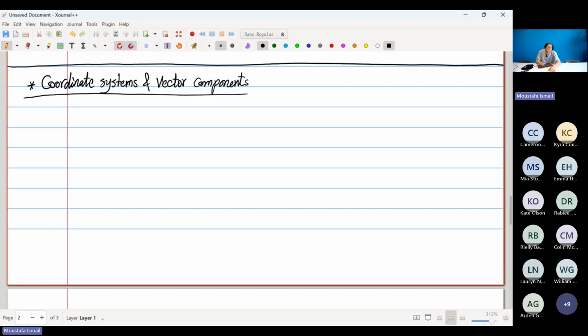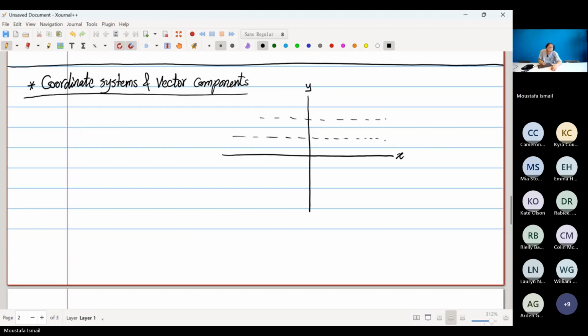So we're going to have an x-axis and a y-axis. Those are perpendicular. And then it's a grid. So to describe the location of a point, you need two numbers.